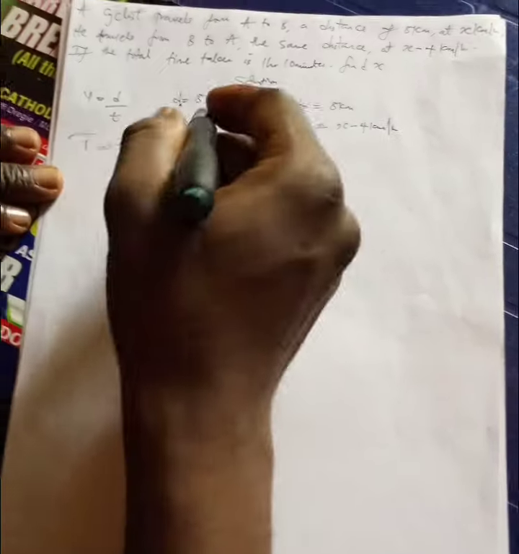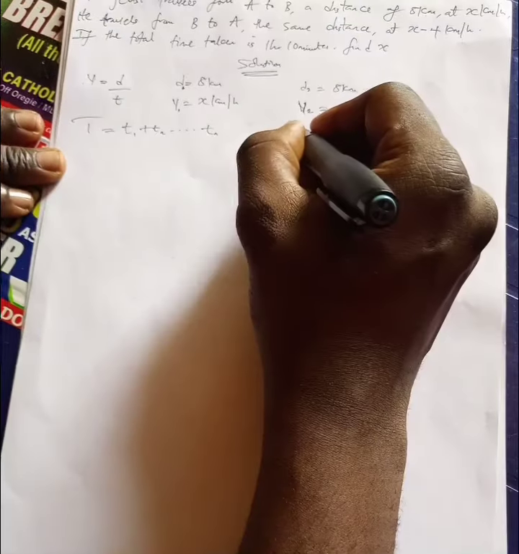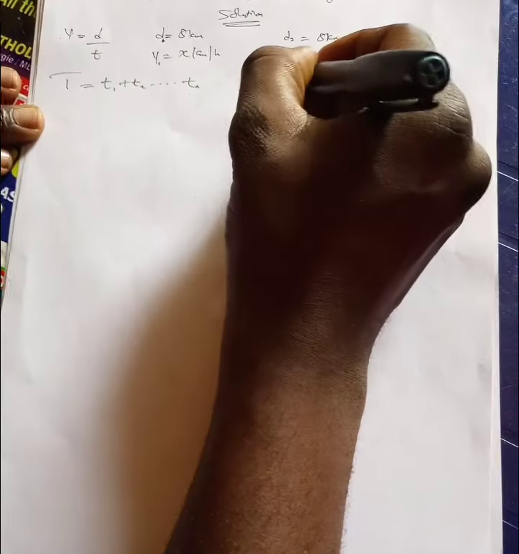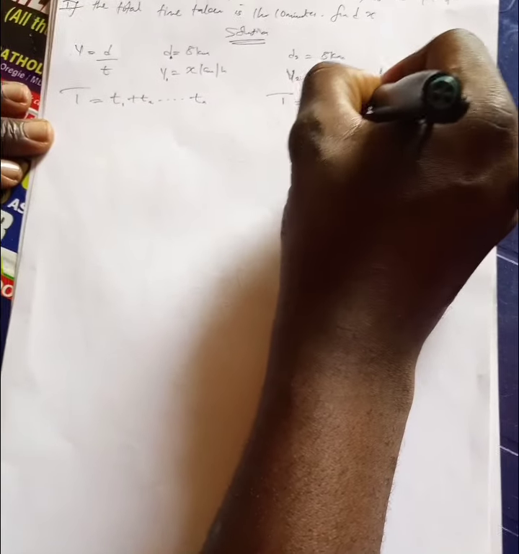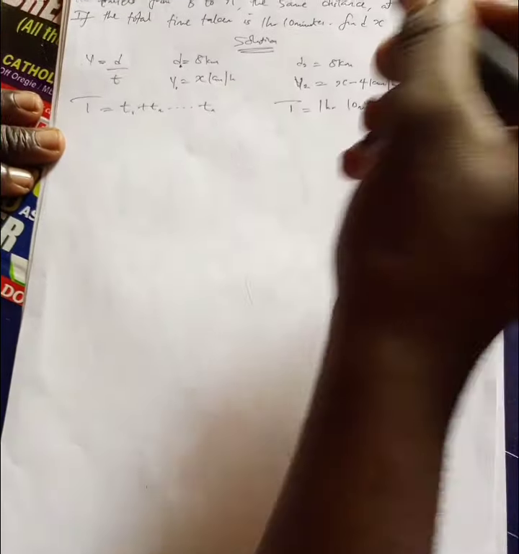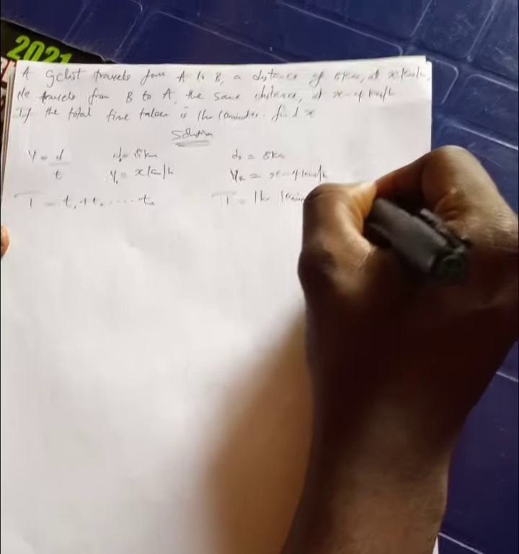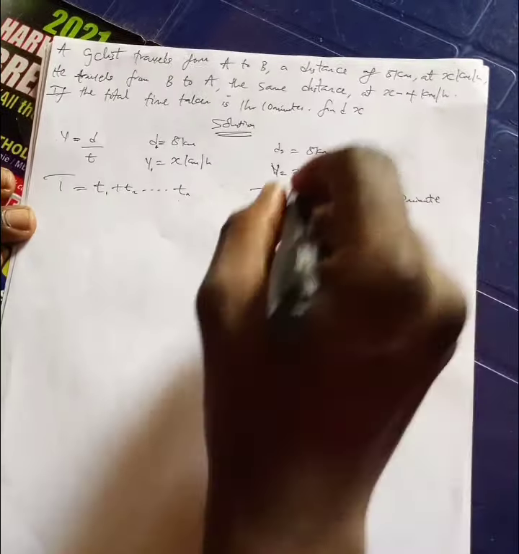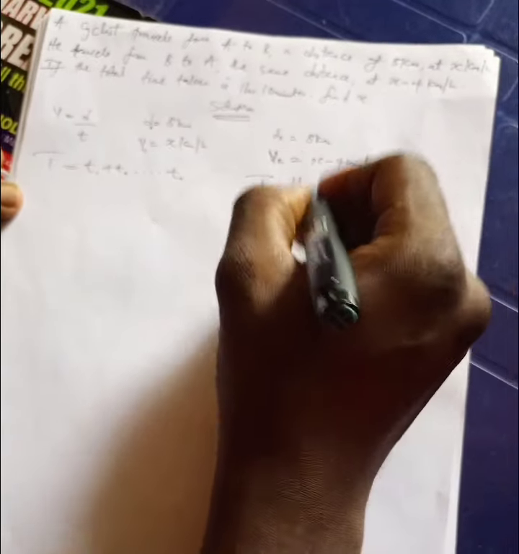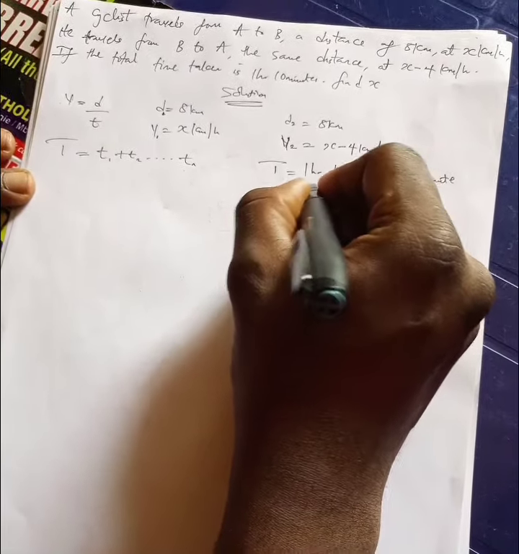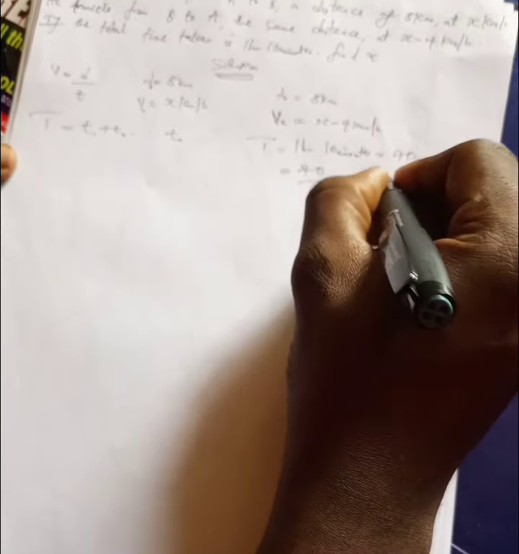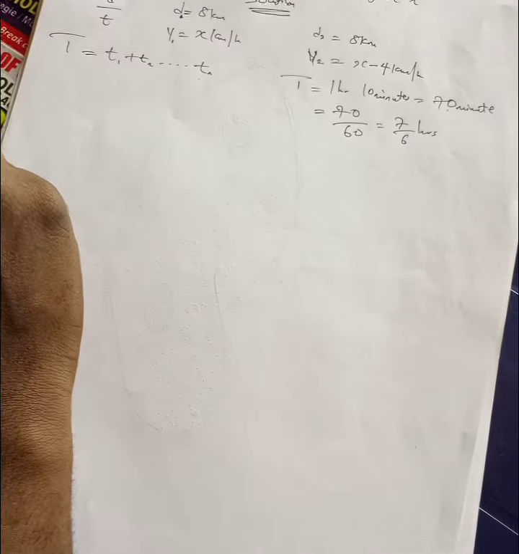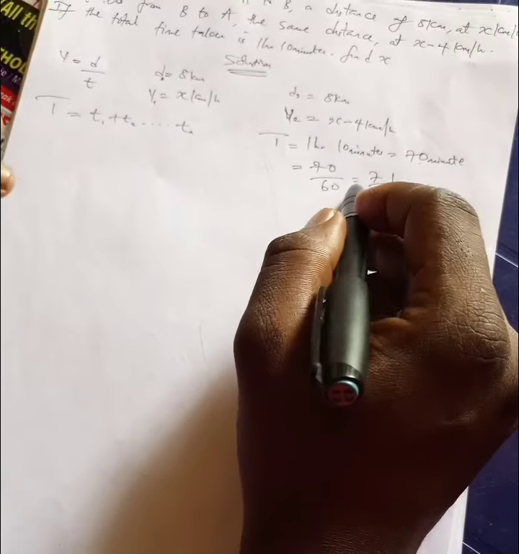My total time has been given to me as 1 hour 10 minutes, which I can call 70 minutes, because 1 hour is 60 minutes plus 10 minutes. Now I can convert the 70 minutes into hours by dividing by 60, which is 7 over 6 hours. So this is my total time.